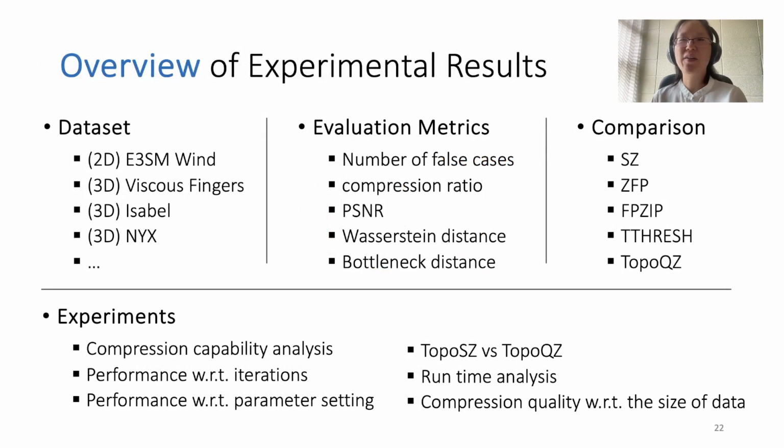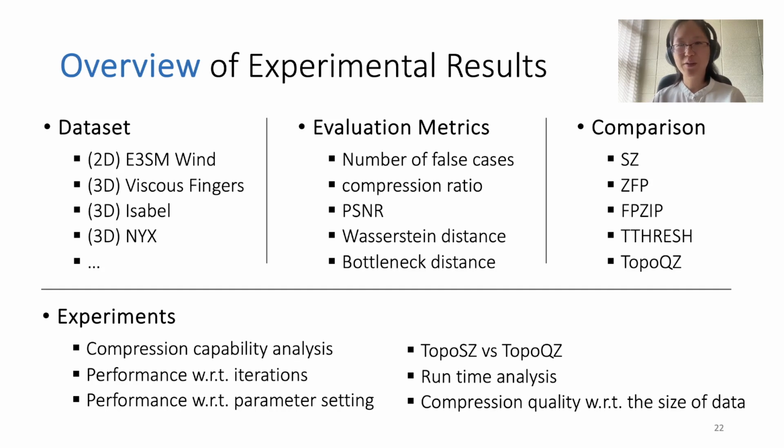These slides show an overview of the experimental results in our paper. We ran experiments with 7 datasets using 5 evaluation metrics and made comparisons between 4 state-of-the-art lossy compressors that do not focus on topology preservation, and 1 lossy compressor that also considers topology preservation.